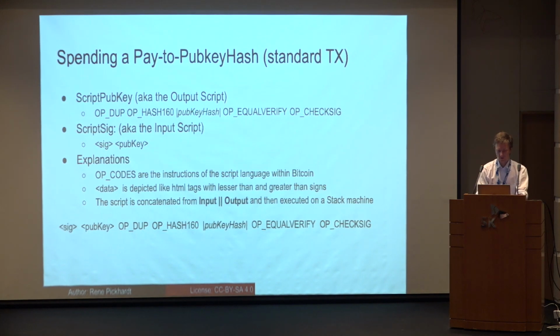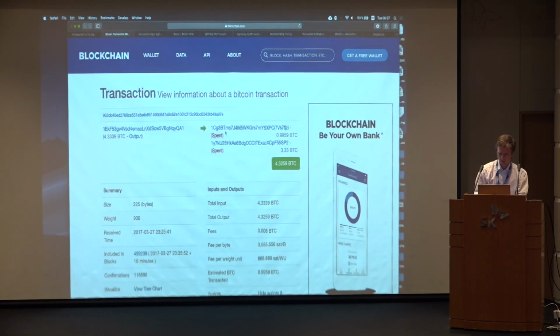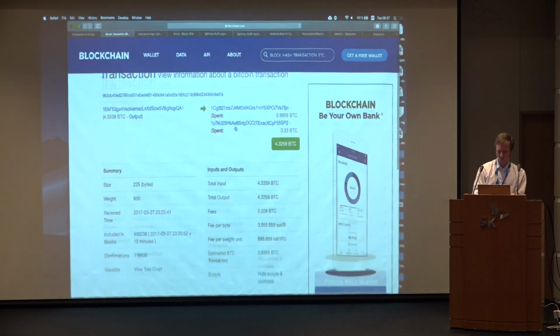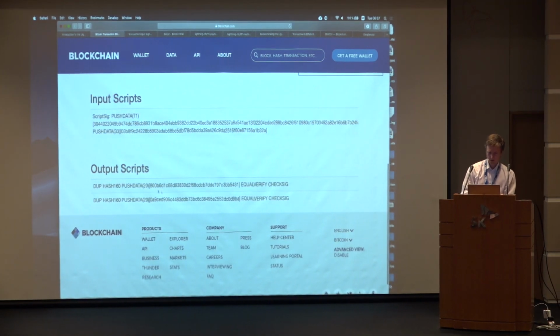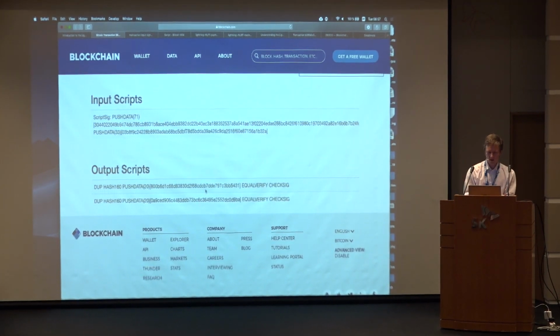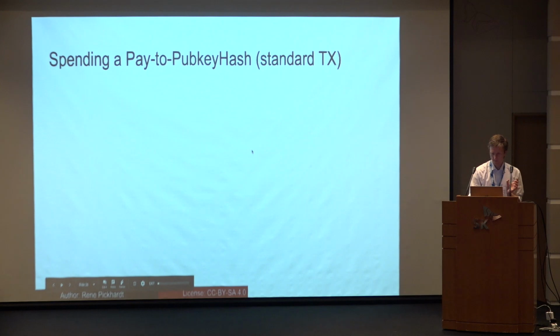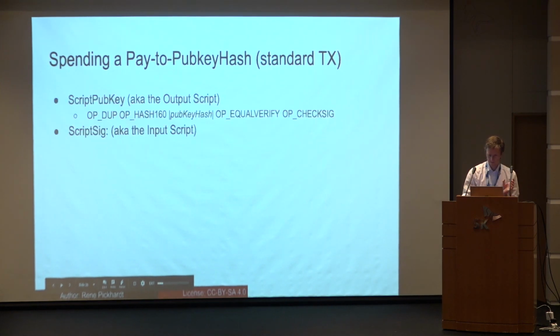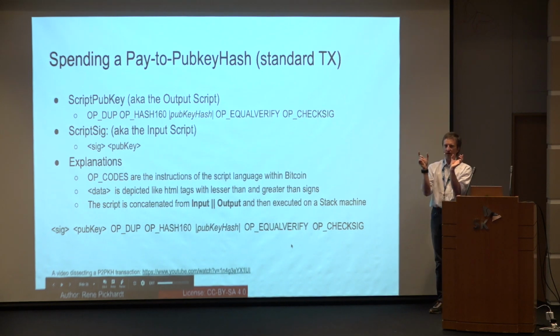So remember this, we had this in the transaction. So in here we have this data, which is the hash of the public key which we've used. And then we call OP_EQUALVERIFY. So we check if this hash and the hash inside match.